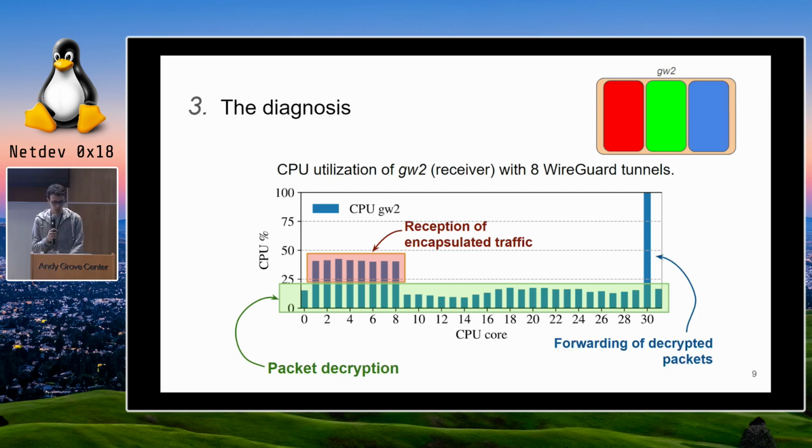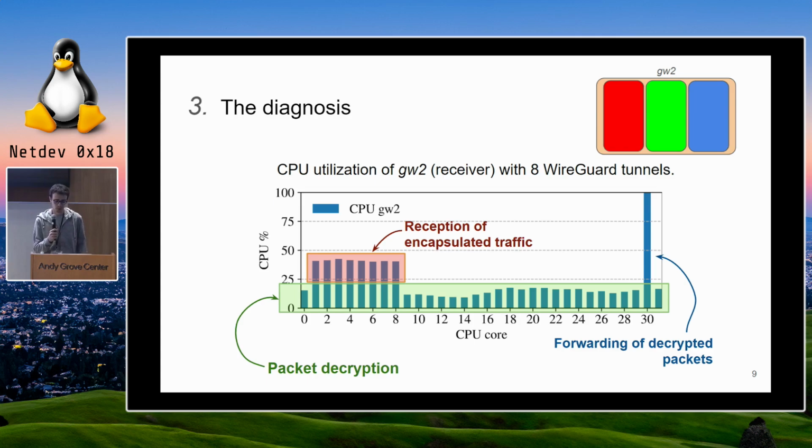And finally, this leaves only the last of the 3 stages for the problematic core. So in this core 30, we have all 8 of the forwarding NAPI poll functions all clumped together on the same core, which is a problem.